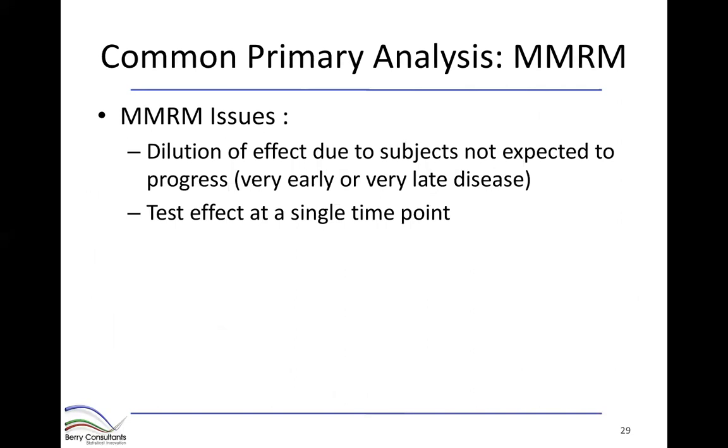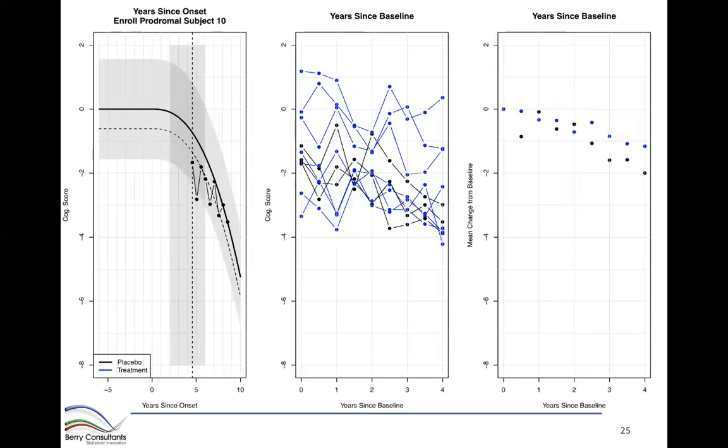It's very well understood that the MMRM itself has issues when analyzing this type of data. The first issue is that there will be a dilution in any effect that we see between treatment and control due to subjects who are enrolled who are not expected to decline. So we go back to our simulations.